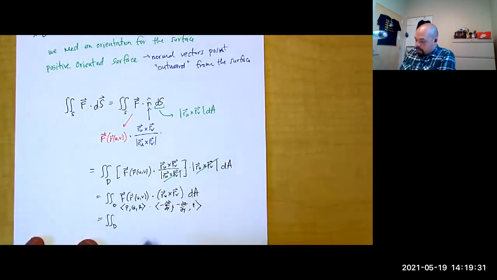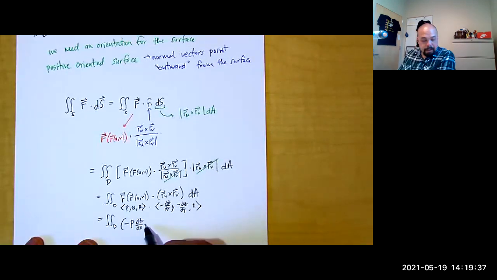When I take that dot product, negative P dz dx minus Q dz dy plus R dA.